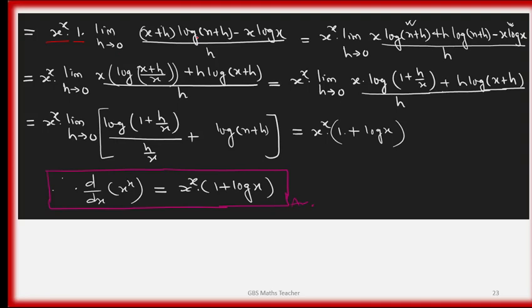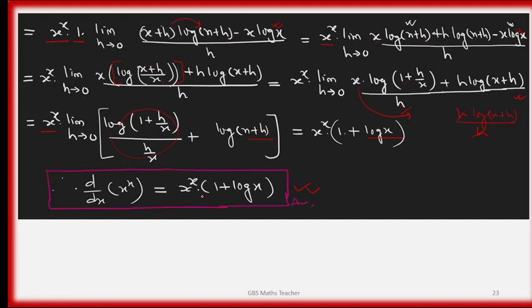As h tends to 0, the first part is 1 and the second is log x. Therefore the derivative of x to the power x is x^x times (1 + log x). In this way we can find the derivative of x to the power x from first principle.